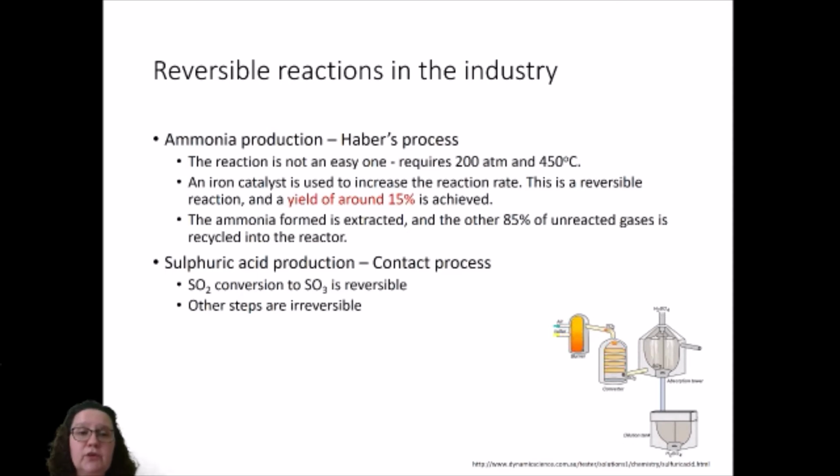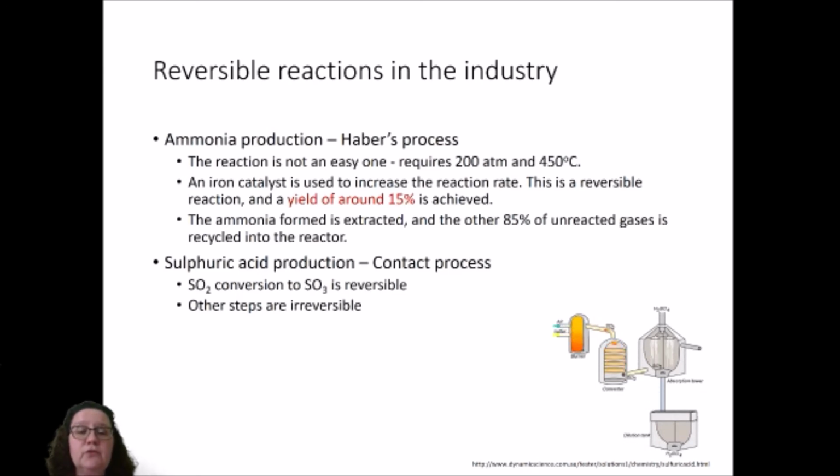Another example is the production of sulfuric acid. Quite a few of the steps in the production of sulfuric acid are irreversible, but the specific step of converting sulfur dioxide into sulfur trioxide is a reversible process. So just because a reaction is reversible doesn't mean that it's not useful.